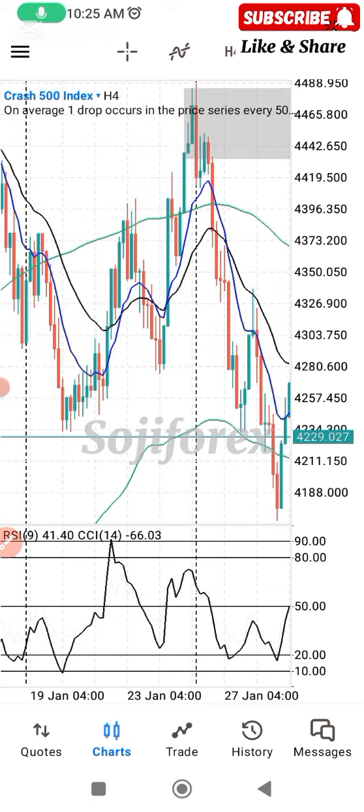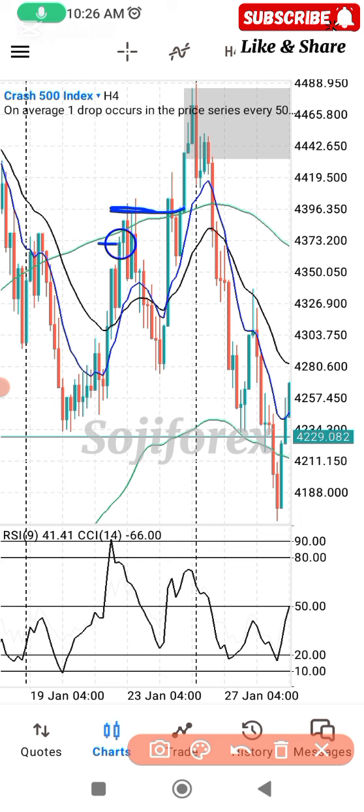Let me use this particular one as an illustration for you to see. This is the 4-hour time frame. I'm using this move to the upside. If you had marked here, I remember when price came into half of this zone, which is this particular one, and you sell now, you see that price still takes you up a little.